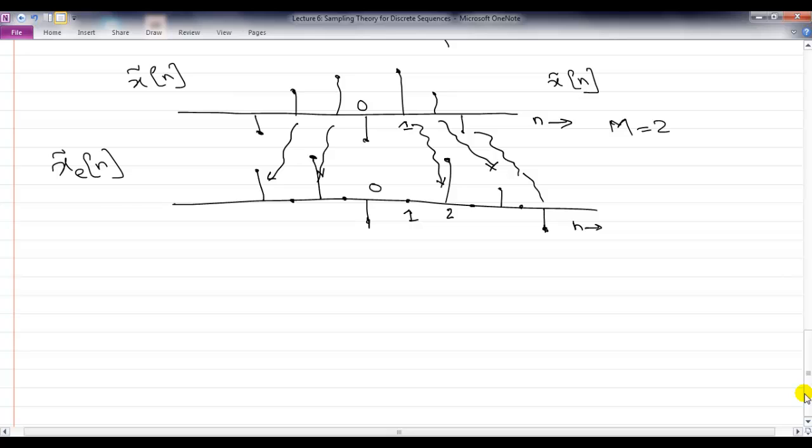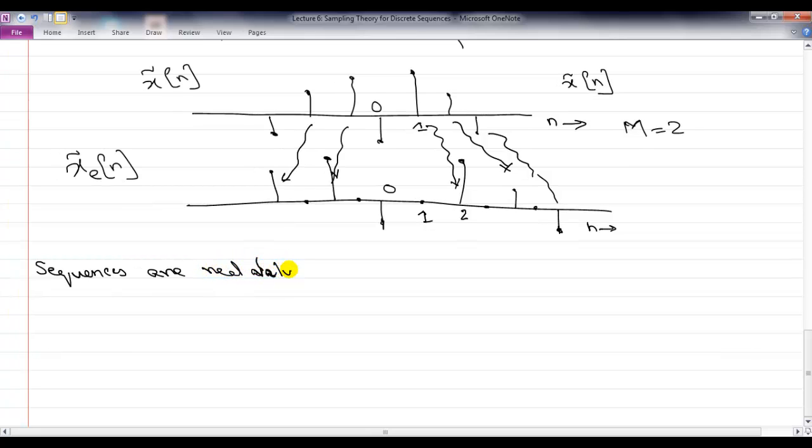Now let's see if we can show or argue that the same will happen in the discrete world of L2Z. So what we want to argue, and from here on I'm going to assume that all my sequences are real valued. So my sequences are real valued.